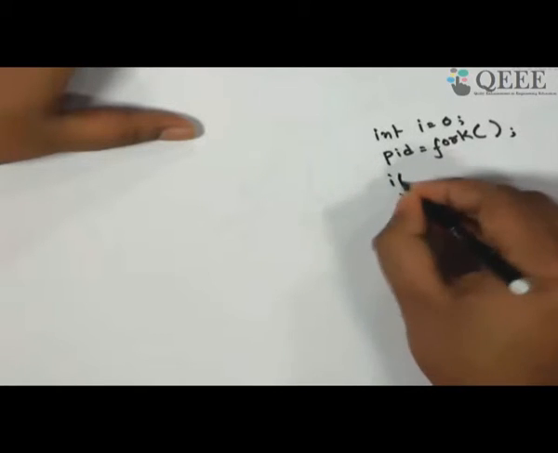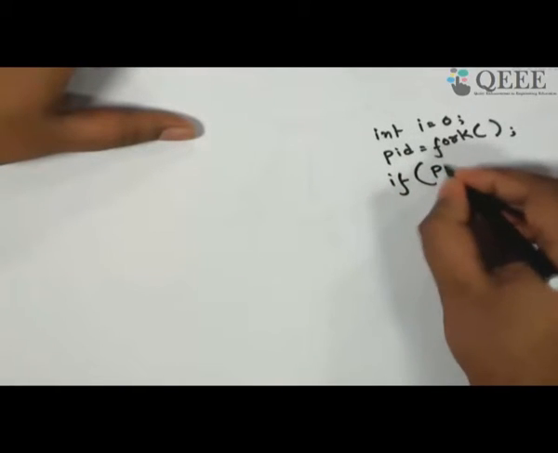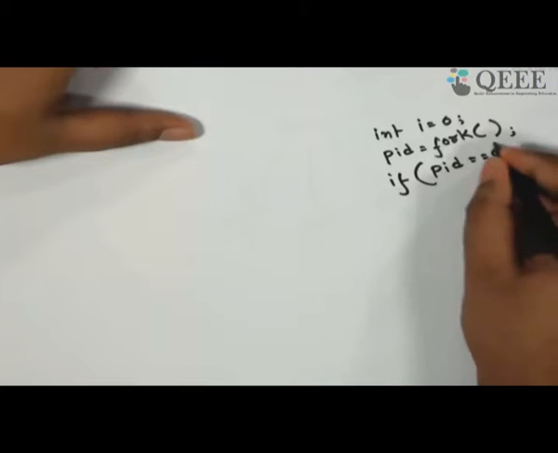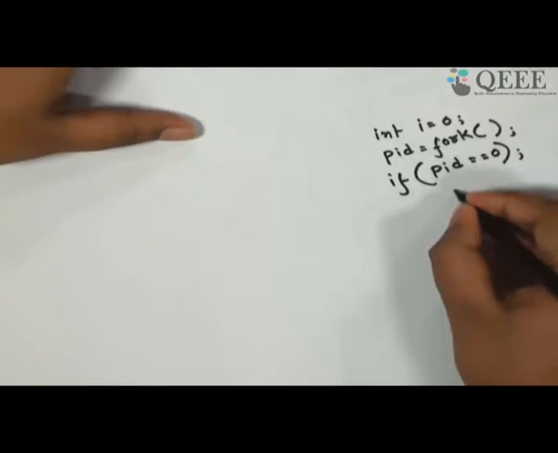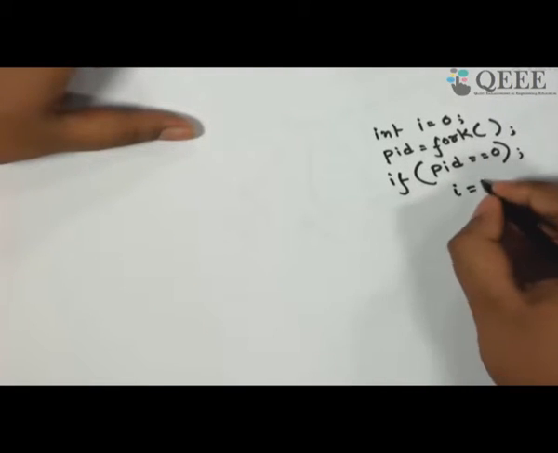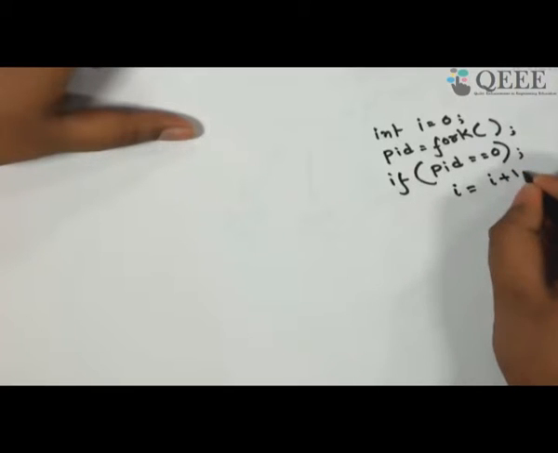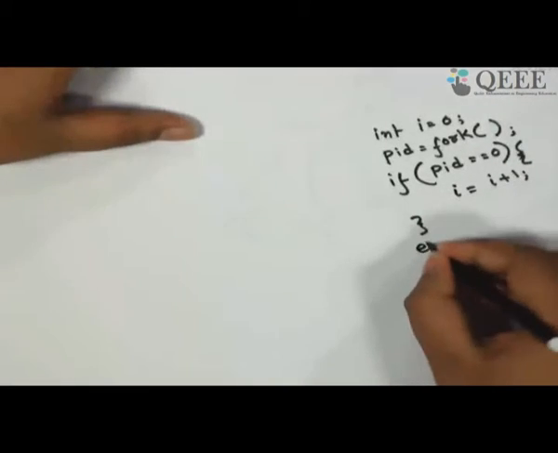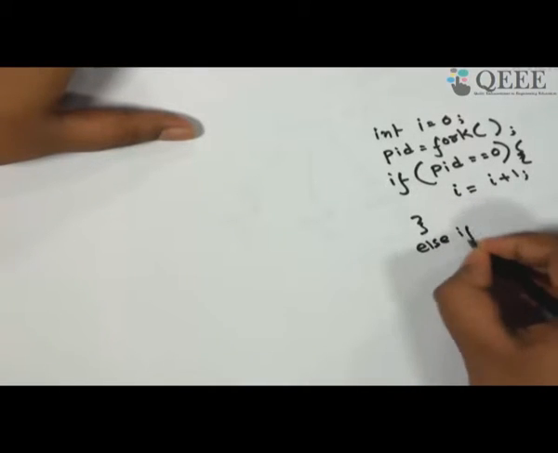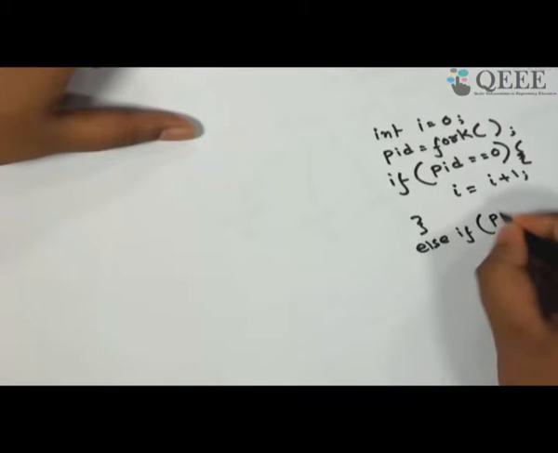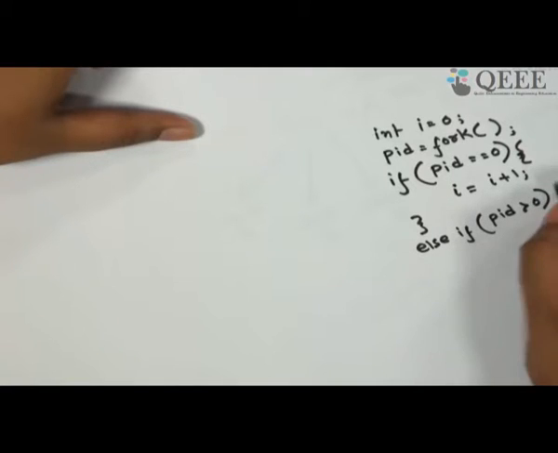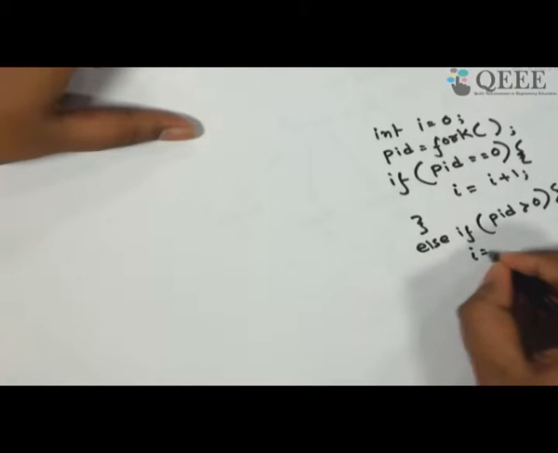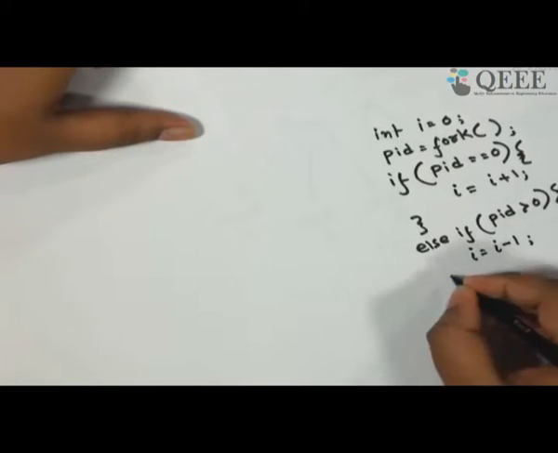After that, if PID equal to 0, then i equal to i plus 1, else if PID greater than 0, i equal to i minus 1.